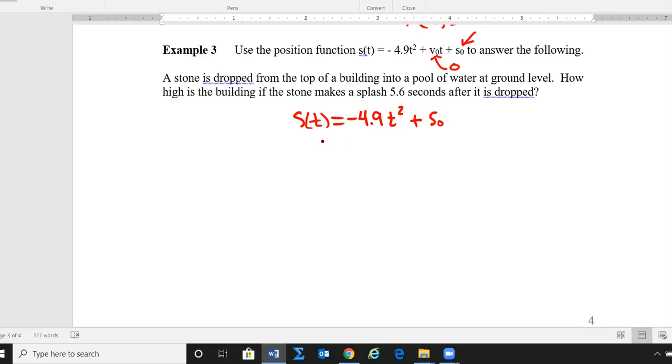Who knows? So in 5.6 seconds, we would have our height, S of 5.6 equals 0, because it traveled that far in that amount of time.